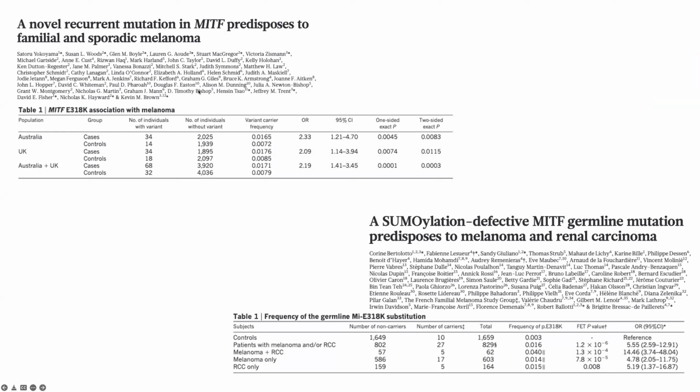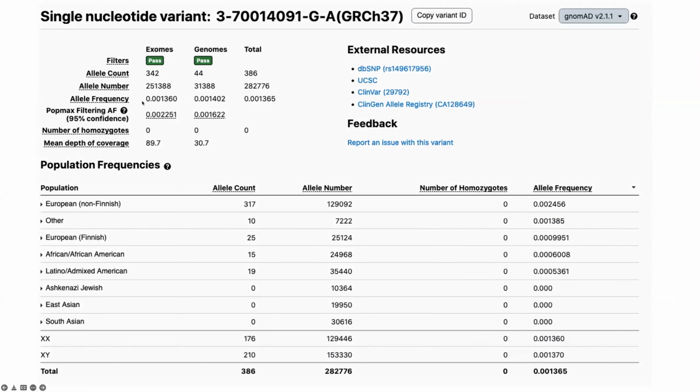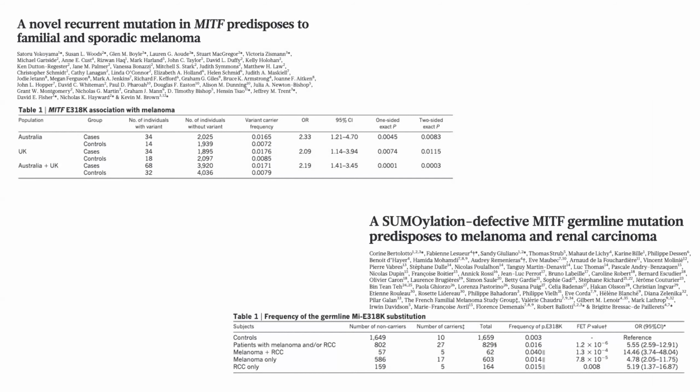But then you go in, and for this one, there's one case control study, and one meta-analysis, but there really isn't a lot of them. So these data sets are going to be slightly different, where we are basing it on lots of different studies that are showing similar results with respectable sizes, but maybe not the largest of sizes. And these were the first two, and actually two of the larger studies that have looked at this variant.